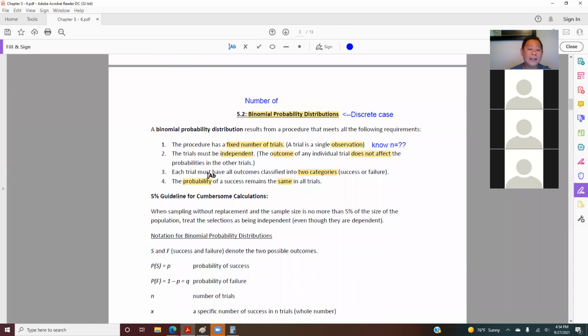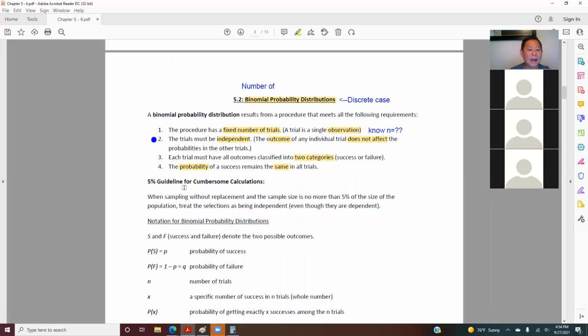Okay, there is one special one, and the special one is this number 2, the independent case. This is what we call the 5% cumbersome calculation. When you have sampling without replacement, without replacement is usually a dependent case. I will tell you what the meaning of that is.